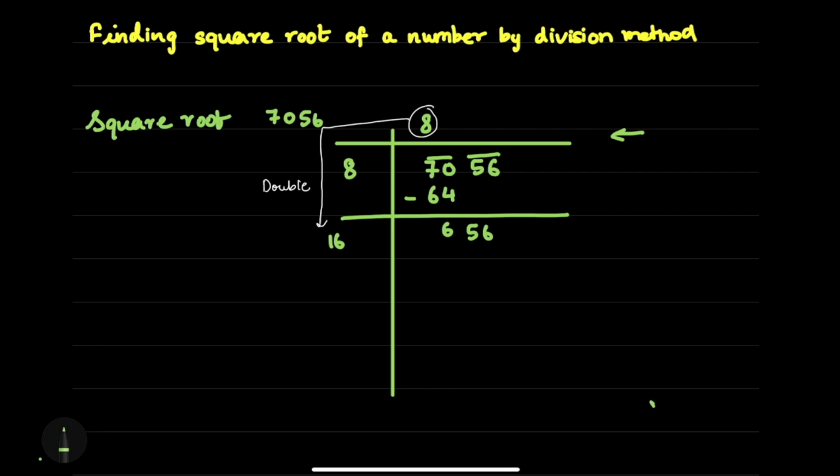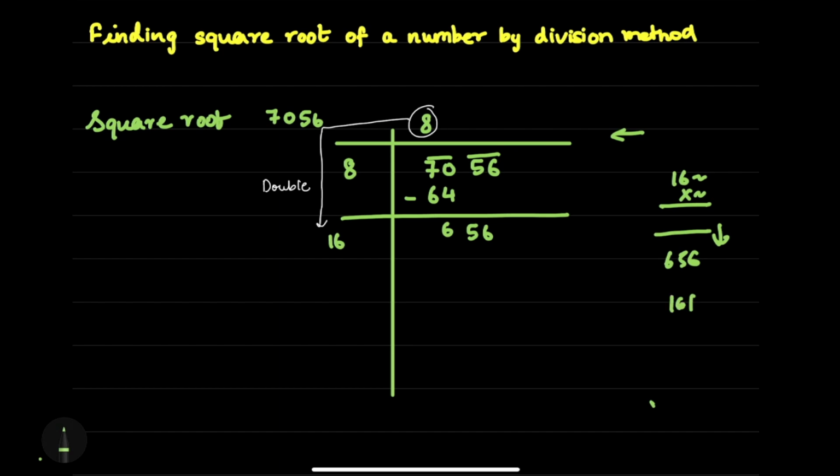You have to find some digit such that 160-something into something would give us a number that is less than 656. We can do this with multiple trial and error.